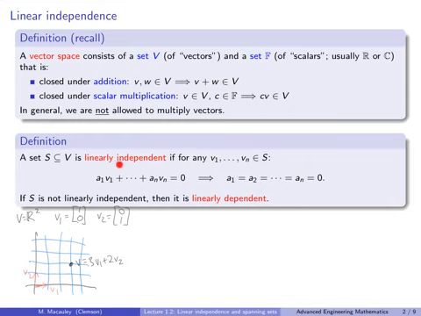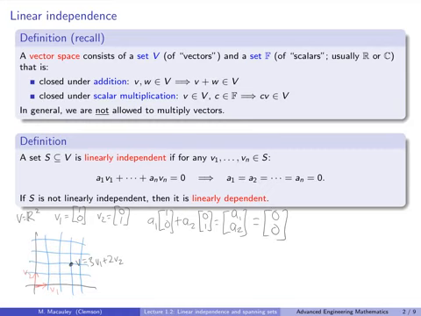So why is this set independent? If I try to write a1 times v1, that's (1, 0), plus a2 times v2, that's (0, 1), we can simplify that and write it as (a1, a2), and we can try to set that equal to 0.